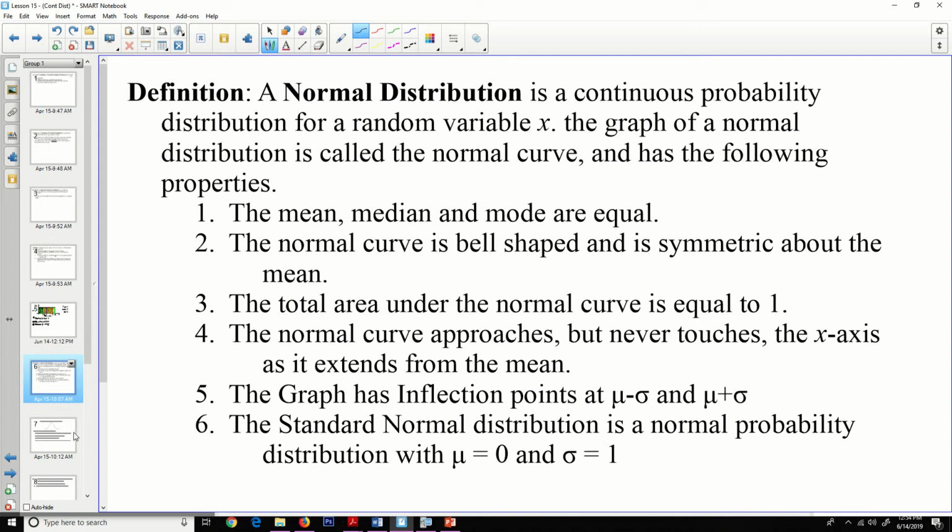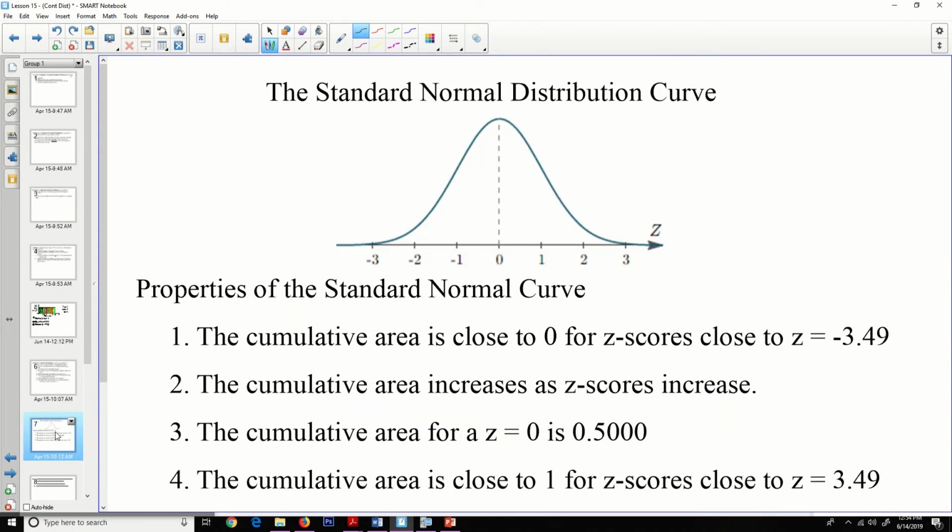So what does that thing look like? The standard normal curve looks like this. And we can have bell curves that don't have a mean of 0, but the standard curve does. And so the cumulative area is close to 0 for z-scores of negative 3.4.